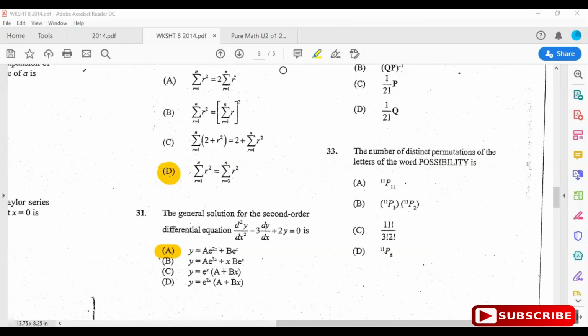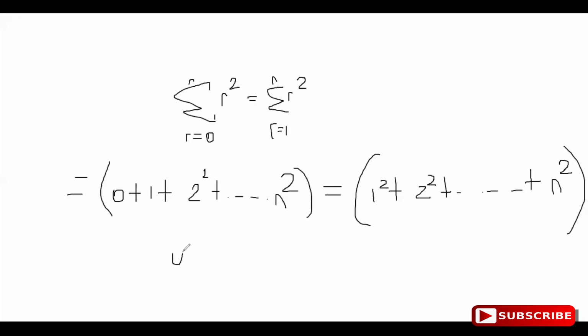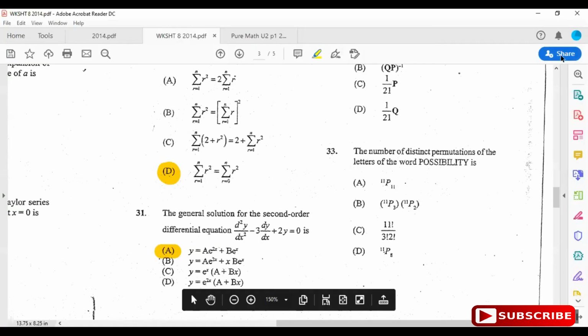It would be m squared minus 3m plus 2, so you get m equals 1 and m equals 2. The general solution is a e to the m1 x plus b e to the m2 x, so y equals a e to the x plus b e to the 2x. So just look at it and say A. Easy.